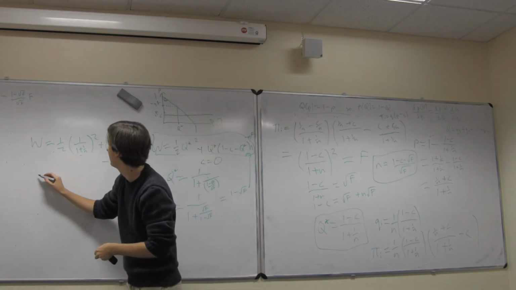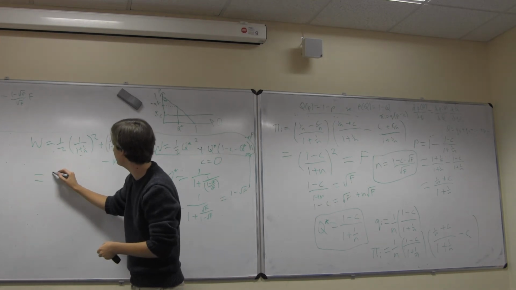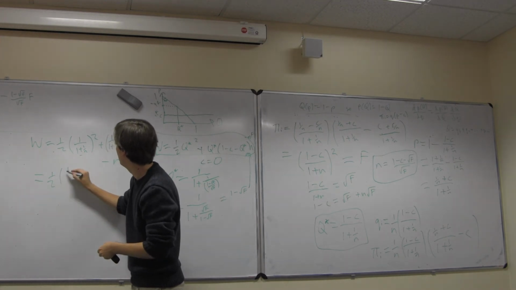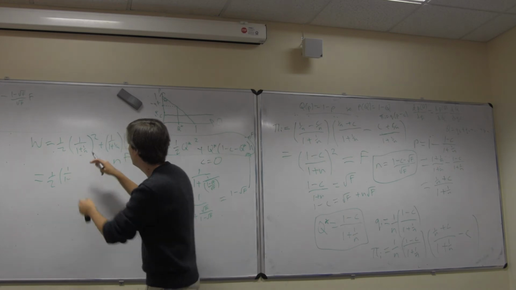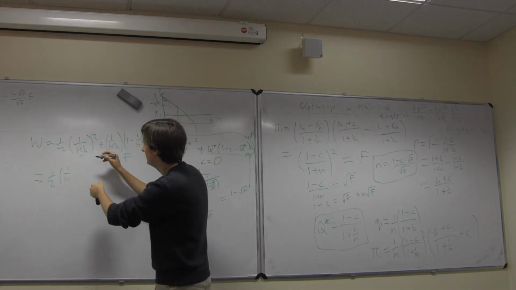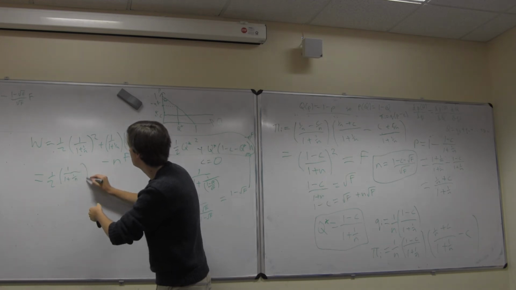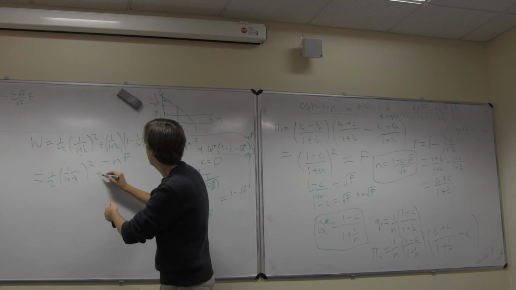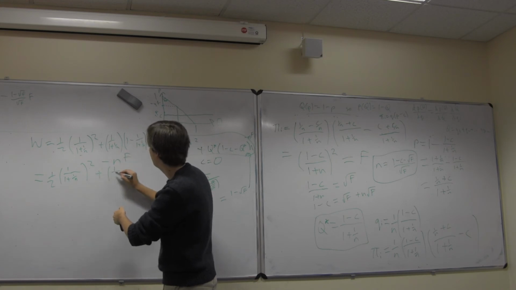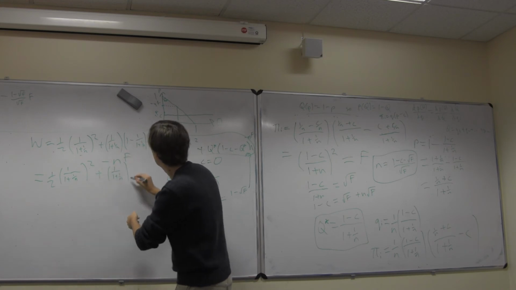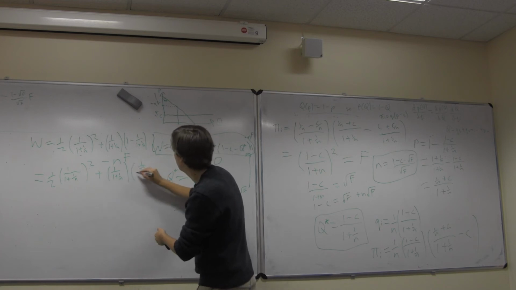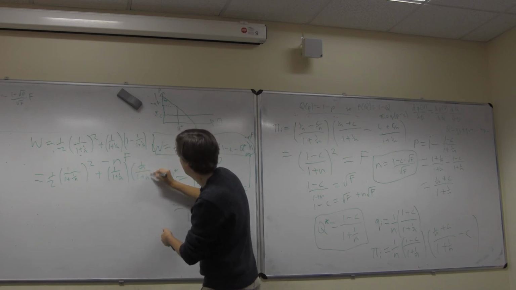So this is going to be half 1 over 1 plus 1 over n, all squared, plus what we had before, 1 over 1 plus 1 over n, times 1 over n over 1 plus 1 over n.